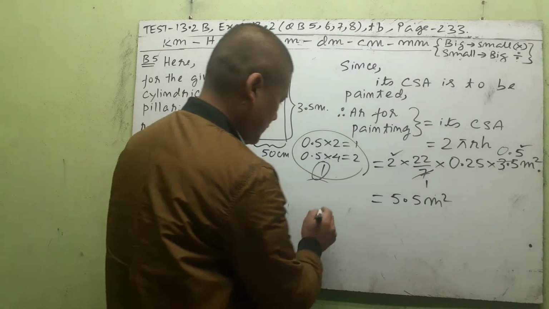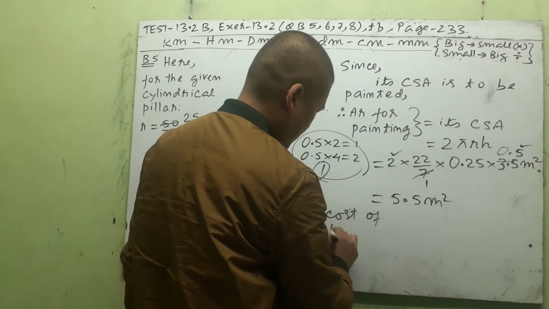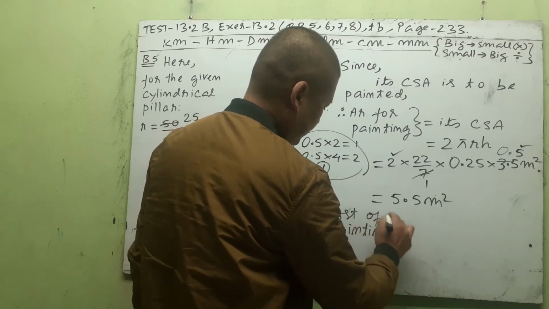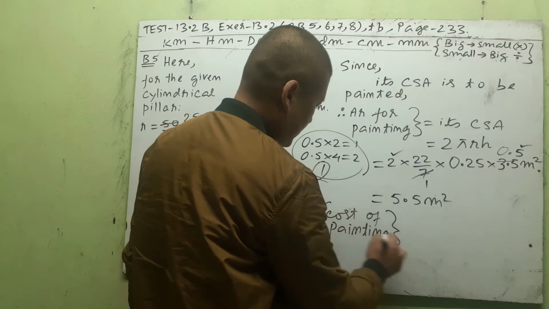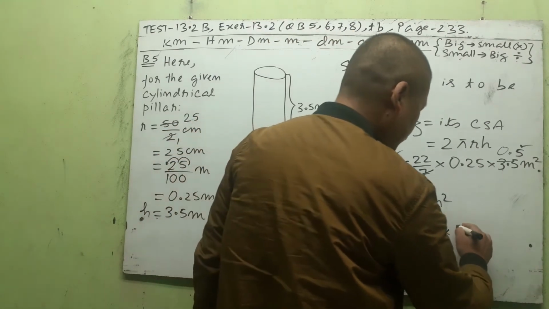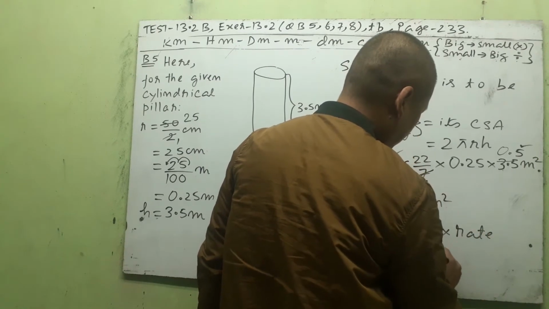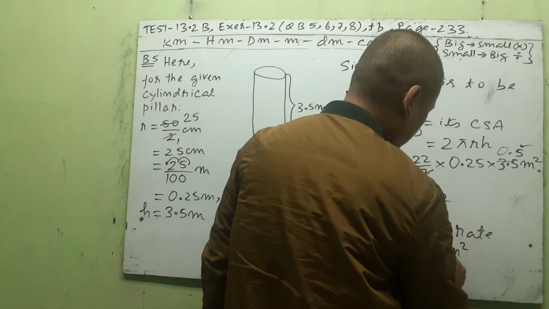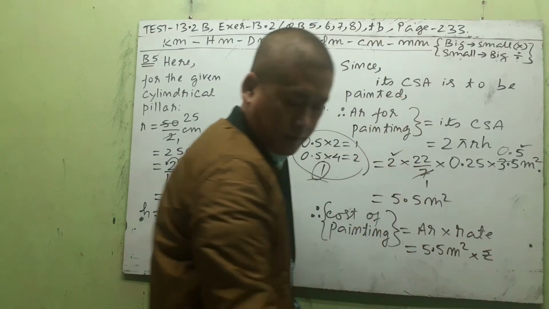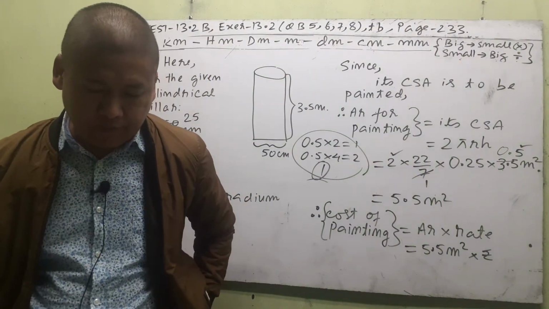Therefore, cost of painting. Cost of painting, we know the formula for cost is area into rate. So the area for painting we found out here, 5.5 meters square, multiplied to rate is, go to your textbook, and the rate of painting is rupees 12.50 paise.